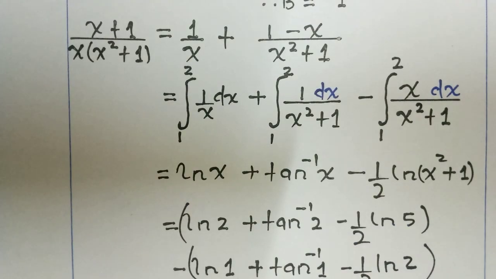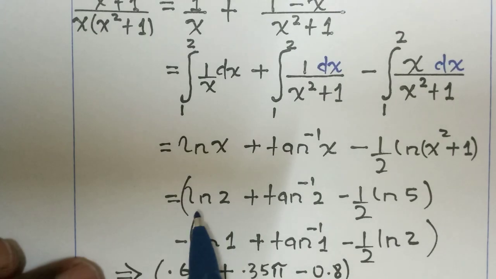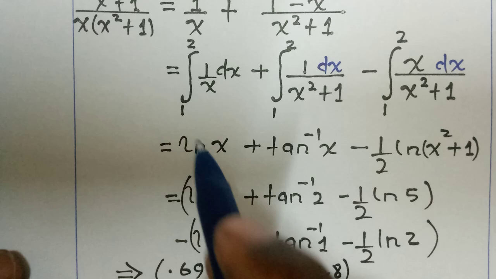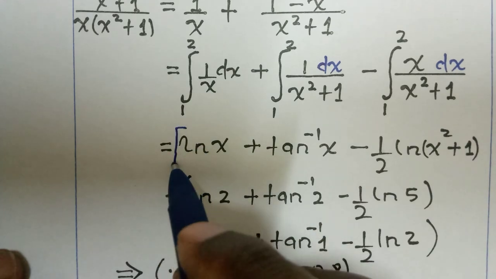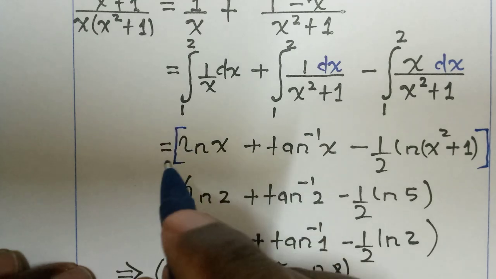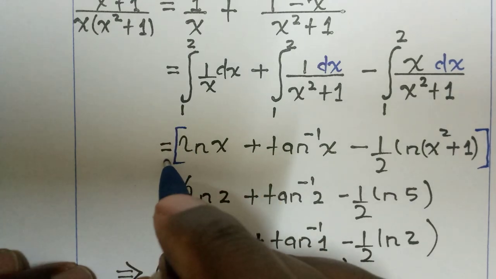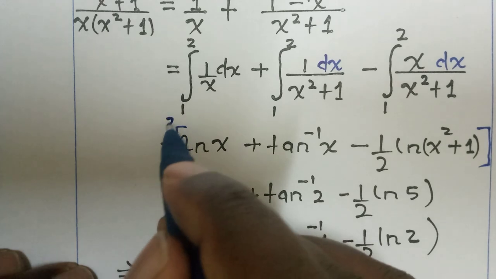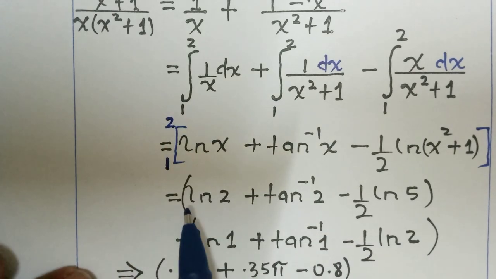And so finally we replace our limits. The limits we have here are 1 and 2. So those are the limits we have now put in here.